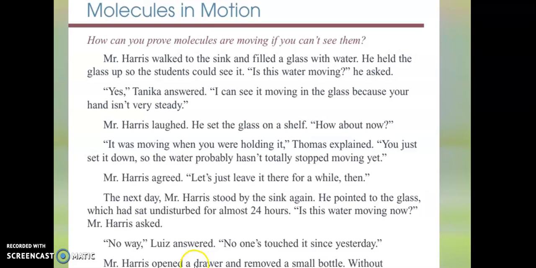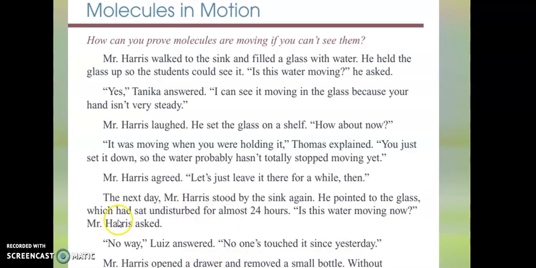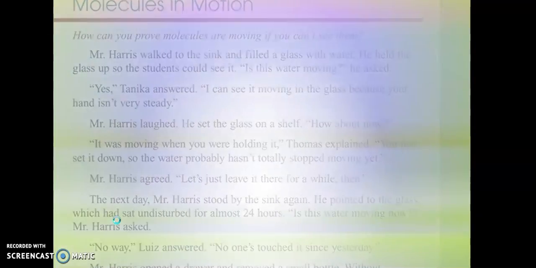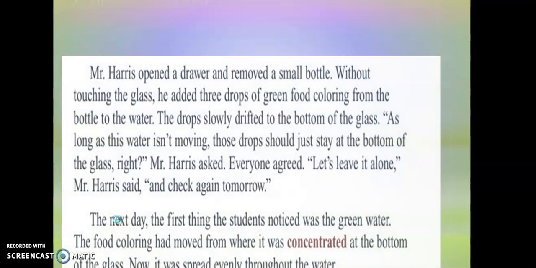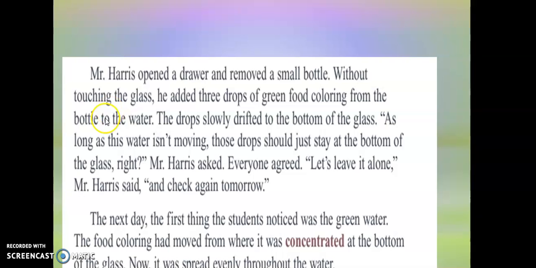Mr. Harris opened the drawer and removed a small bottle. Without touching the glass, he added 3 drops of green food coloring from the bottle to the water. Pay attention, this is like an experiment. I'm reading the experiment, it's like a story, right?